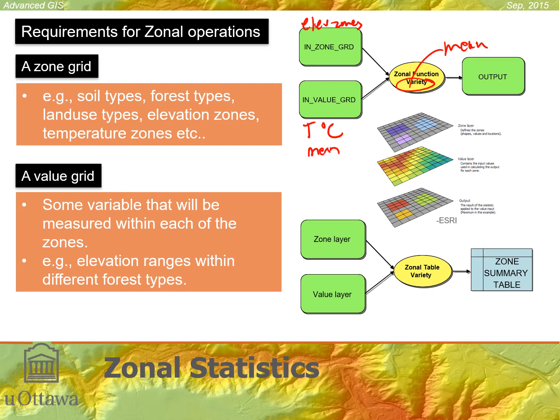That's what the zonal mean would do. It would output either a table with the zone identifier and then the average temperatures for each zone, or a new raster layer where every zone has assigned to it the temperature value of the average for that zone.